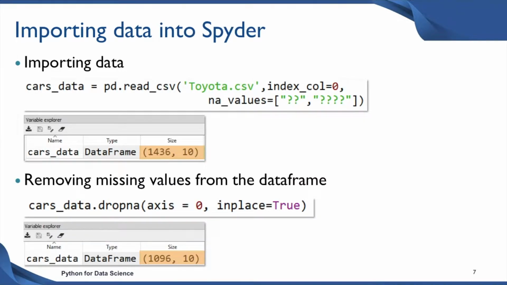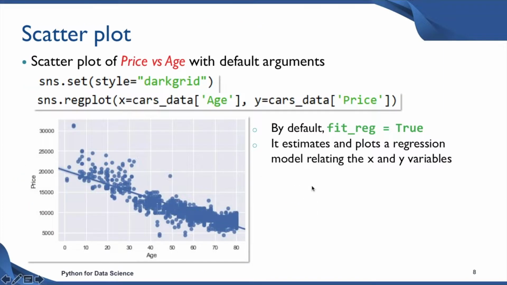We have already imported this and we have already pre-processed our data and removed the missing values from the data structure, right? Then we wanted to plot the graph between the price and the age. These are basically two independent variables, and we wanted to find the relationship between them. Previously we saw how to do this using the scatter command, the scatter plot in matplotlib.